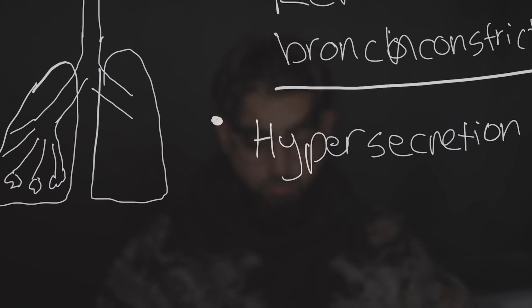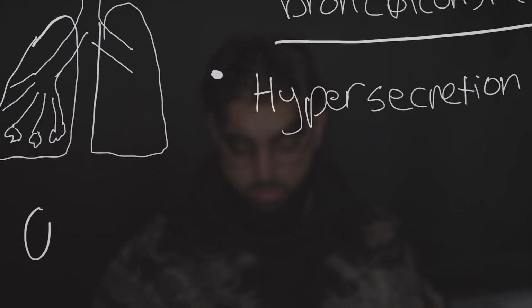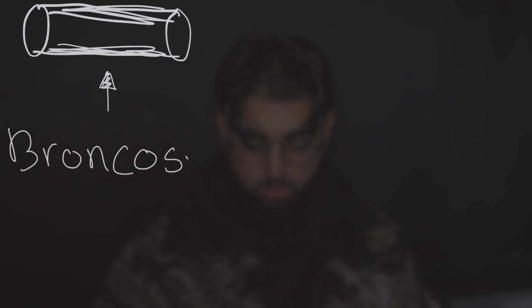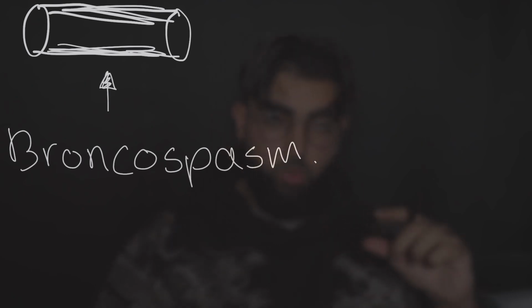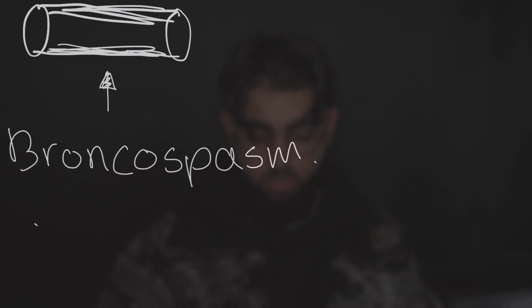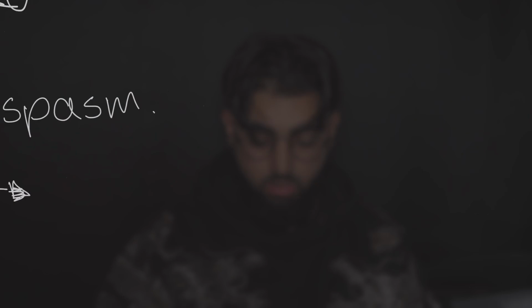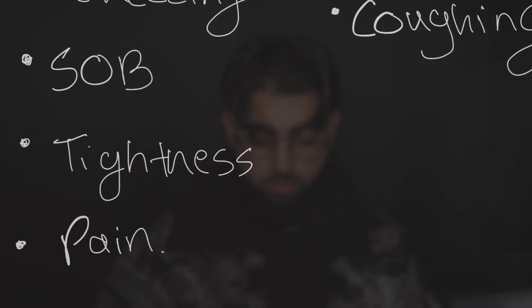Now, the actual airways are also covered with smooth muscles. These smooth muscles can constrict, and it is known as bronchospasm. When these airways constrict, they again narrow, which means that less air is able to pass through, and again leads to the symptoms that we've mentioned here.